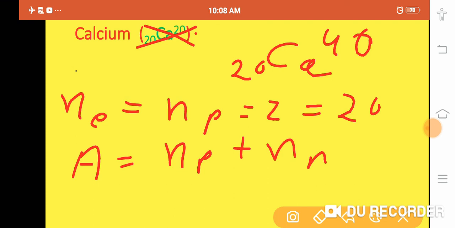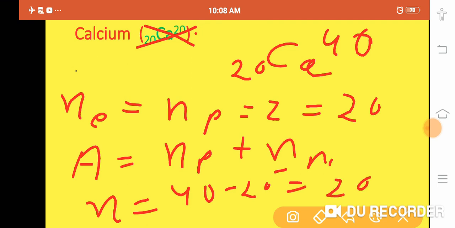So to find the number of neutrons, it will be 40 minus 20 is equal to 20. Understood my dear?